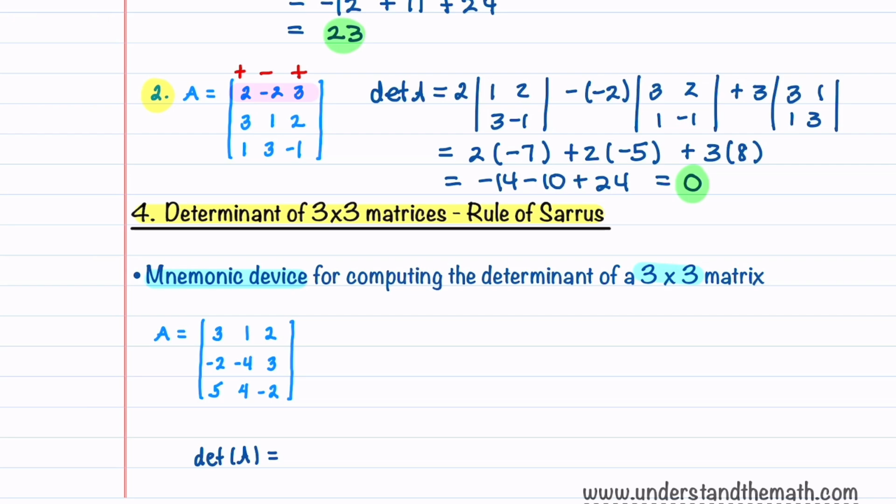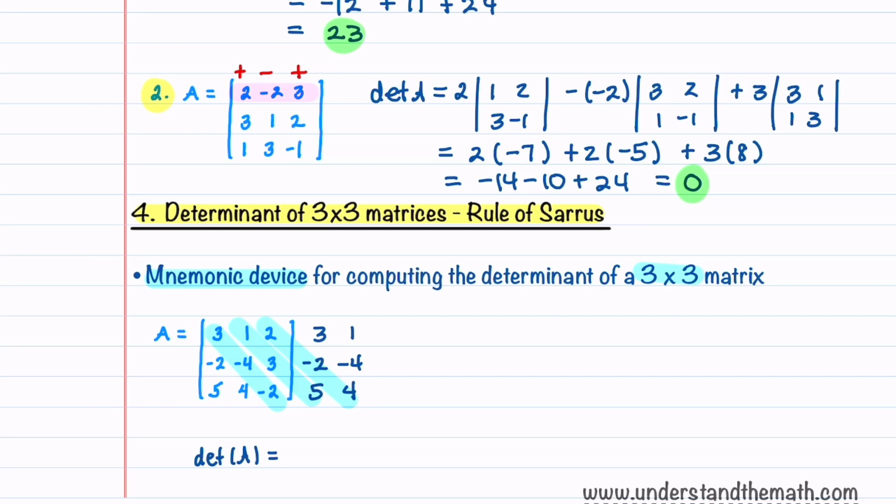To compute the determinant, we're going to write the first column and then the second column to the right of our matrix. And you want to make sure to write neat with this because we're going to be using diagonals, and neatness really helps. Now what we're going to do is multiply the entries along these diagonals, starting with the upper left and going to the lower right.